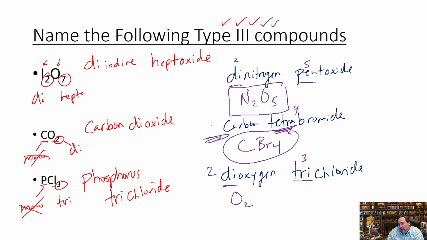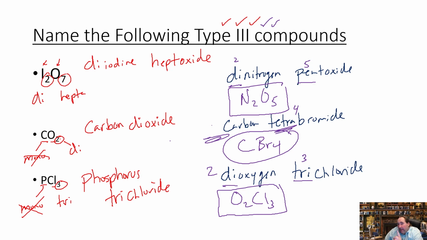Tri is 3, chloride is Cl, and this made up guy, perhaps we end up with something like that. So these type 3 are really the fastest ones that you could do, as long as you remember to do them again correctly. Don't do some weird things. So remember that in terms of naming, type 1, type 2, type 3, they all have really their own sort of way of naming things.